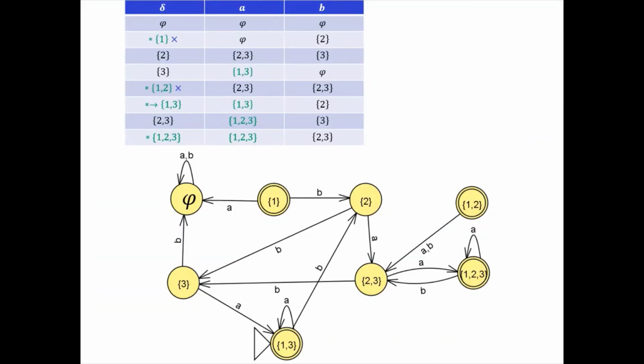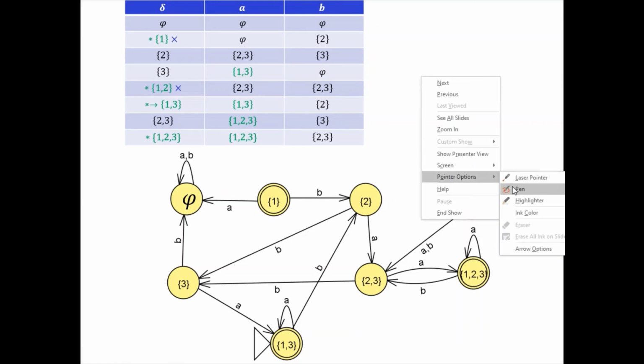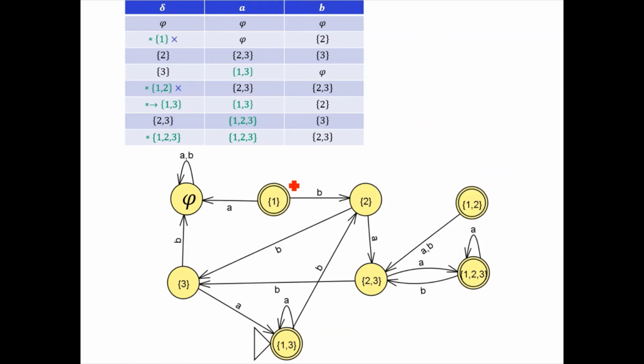Based on the transition table which we have drawn by following the rules to convert an NFA to an equivalent DFA, I have constructed the DFA using JFLAP. Here in the DFA, we can see that on state 1 there is no inward arrow, which means state 1 is not reachable from anywhere in the DFA.